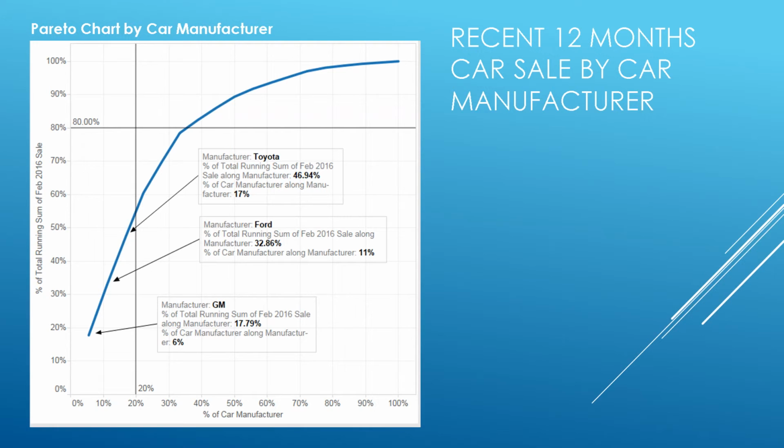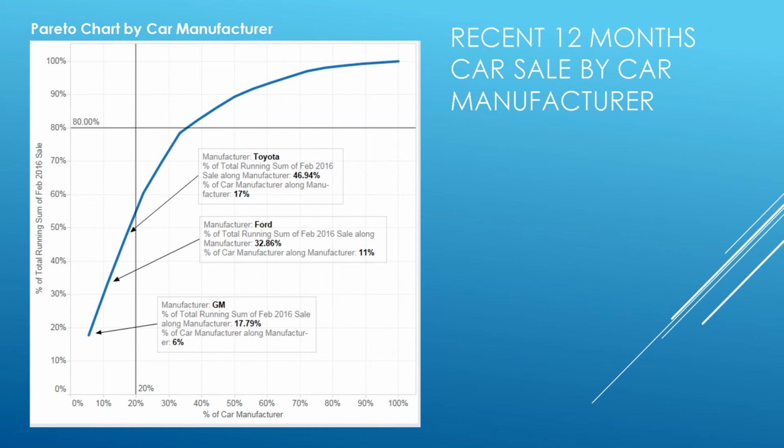During a recession there will be low car sales, and that could directly affect the car manufacturer's bottom line. With that in mind, I want to see with a Pareto chart, compared to other car manufacturers, where my company GM stands.